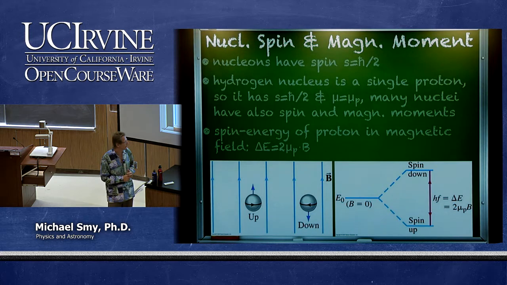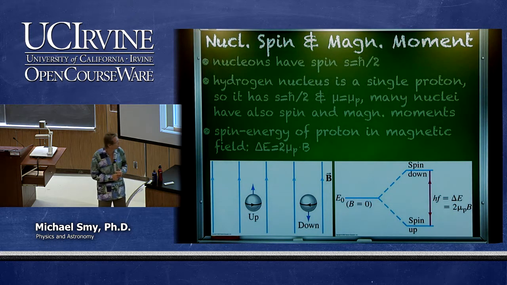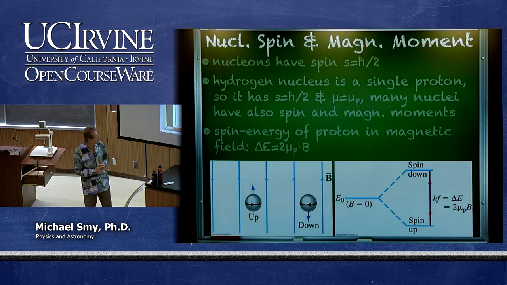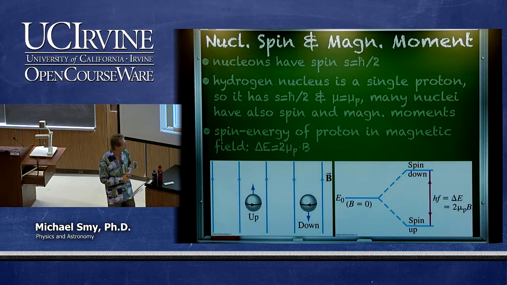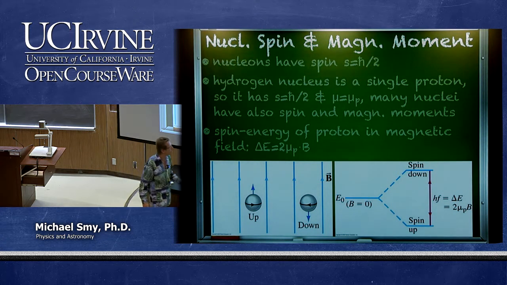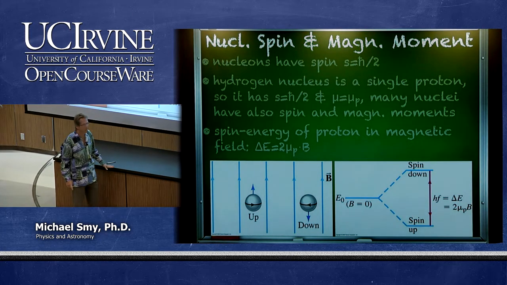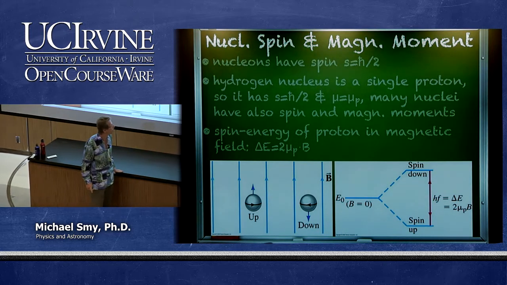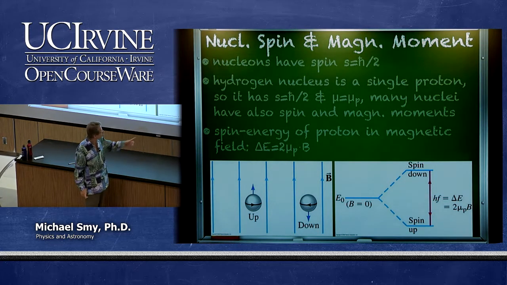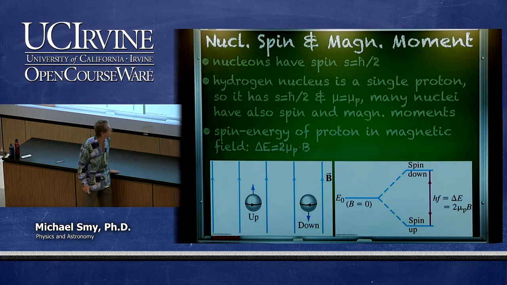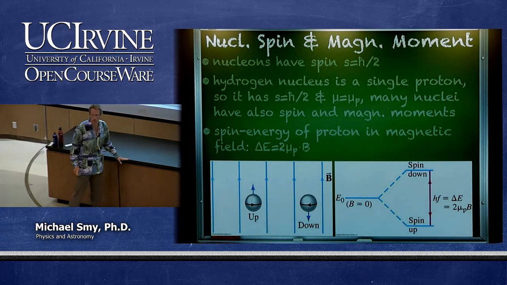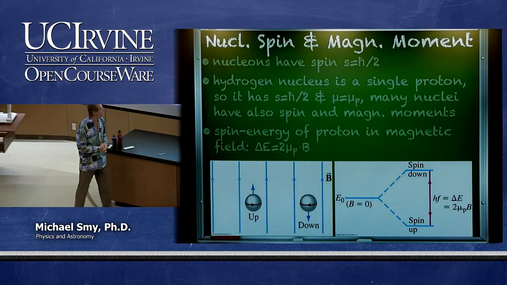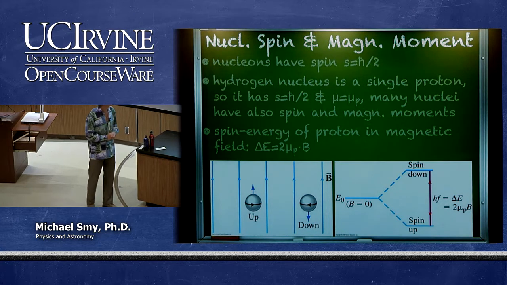Then there is an energy difference, just like for the classical magnetic moment, between up and down. That energy difference is the extreme case between cosine theta of +1 and cosine theta of -1, or 2 times the size of the magnetic moment, mu p, times the magnetic field strength, B.